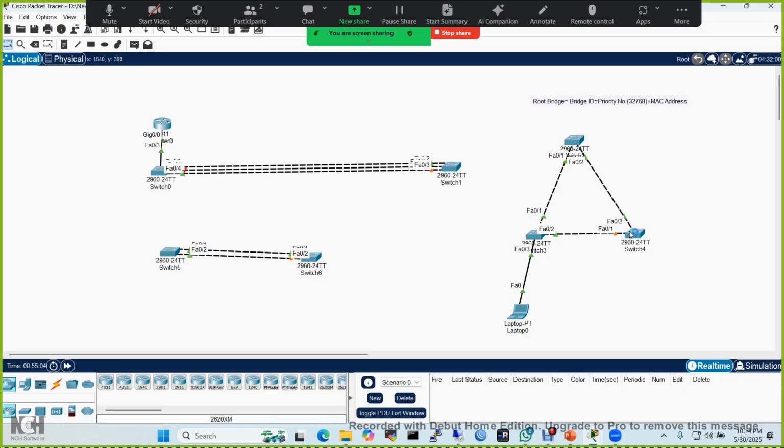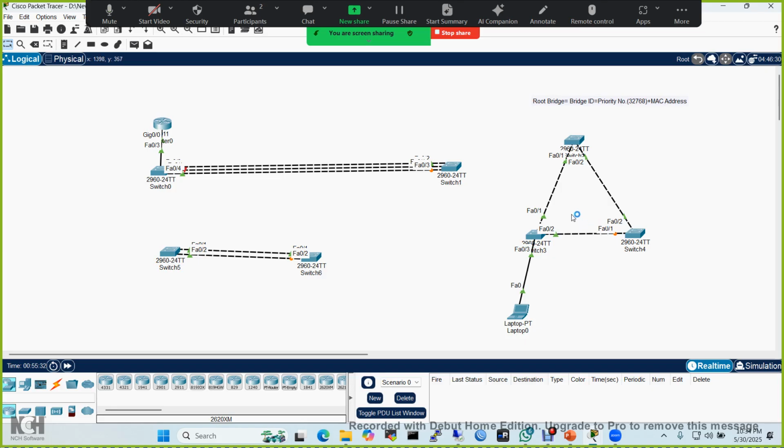How will they make the election? With the bridge ID, the lowest bridge ID. If this switch has the lowest bridge ID, this port will be designated for this case only. They will elect themselves, and whichever has the lowest bridge ID wins. That's why this switch has the lowest bridge ID, this port is designated and the other port is non-designated.